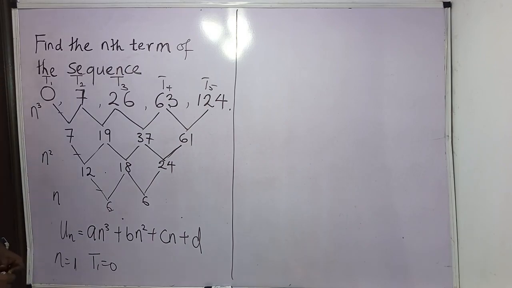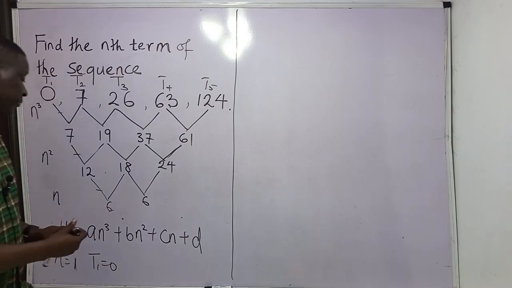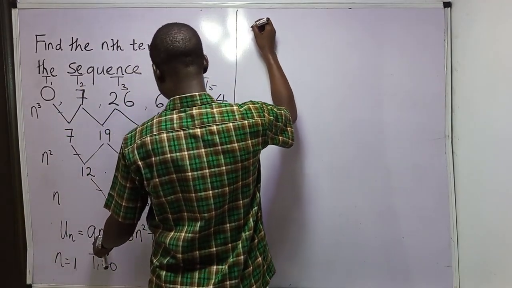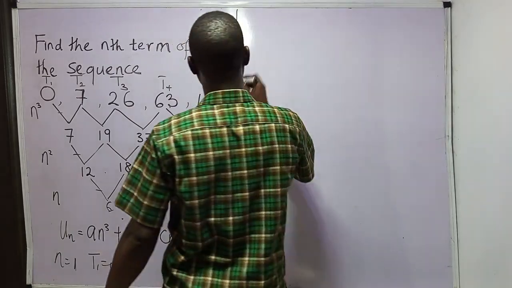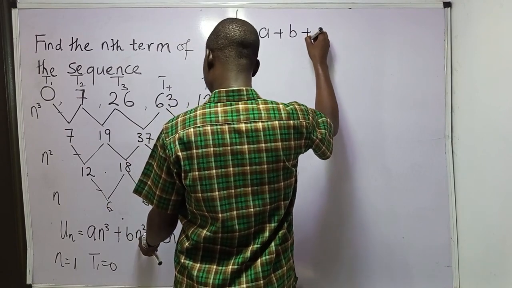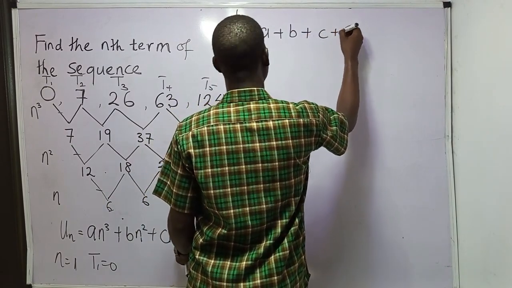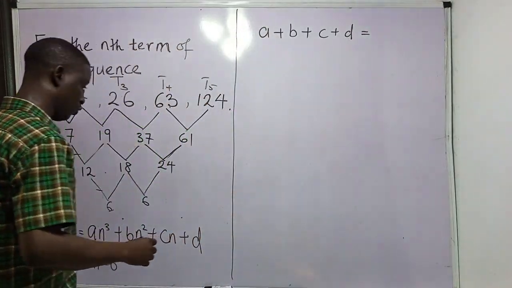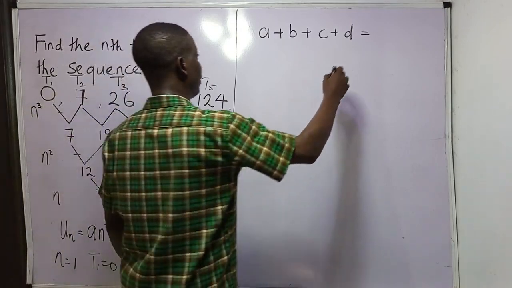So for the first term, when n equals 1, put 1 in this place. Now we want to have a plus b plus c plus d, put 1 in each place, equals Un, which is equal to 0.